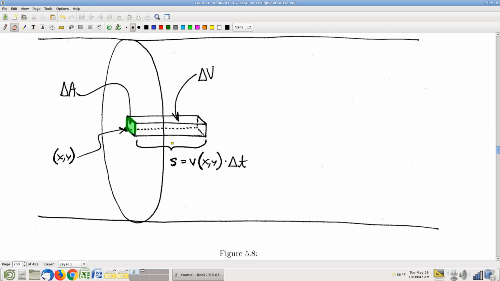In that amount of time delta T, this distance here, well, distance is velocity times time. The area is already known.